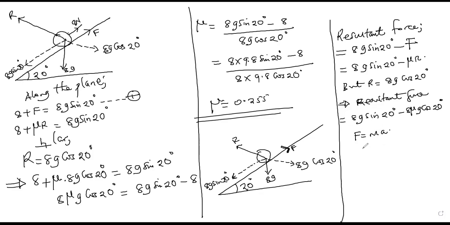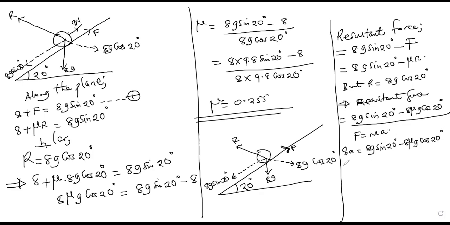So F equals ma, meaning the resultant force, where F is, we shall put all this. Mass we have as 8 kilograms, acceleration we can get. So we shall have ma, which is 8 times a, equal to the resultant force, 8g sine 20 minus 8μg cos 20 degrees.